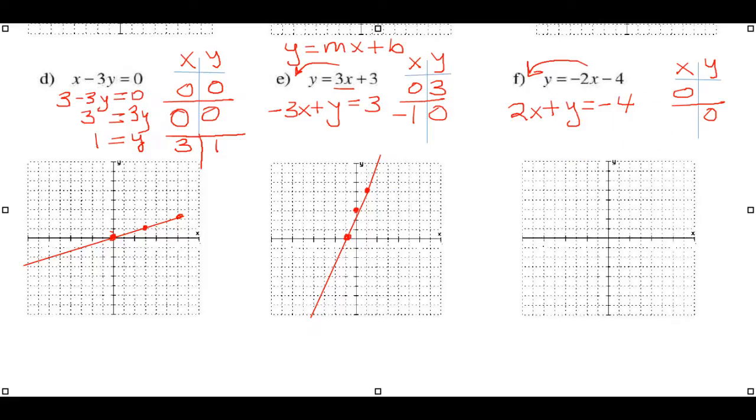Okay, so this one, if x is 0, y is negative 4. If y is 0, just divide both sides by 2, a negative 2. So we have 0, negative 4 right there, and a negative 2, 0 right there. We're plotting the intercepts.